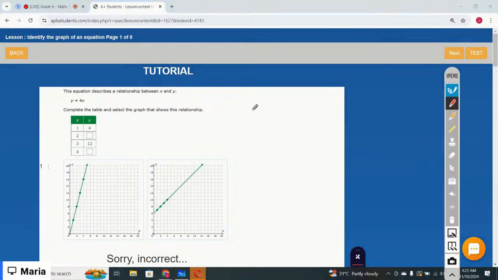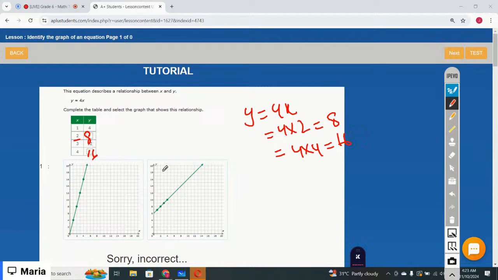So the equation is y equals 4x. Here you have x equals 2. You need to find the missing value. That is 4 times 2, so the missing value is 8. Then 4 times 4, that is 16. Now you have to see which graph is for the table.